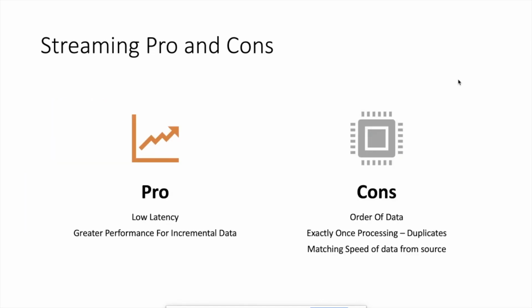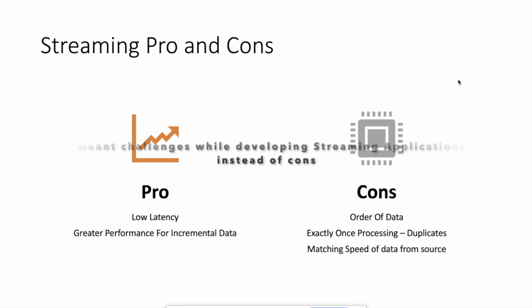Now, since we know Spark streaming, there are some pros and cons of using it. Let us see what those are. The first pro of Spark streaming is low latency. As soon as the data is generated, you can process it and get results in very low latency.